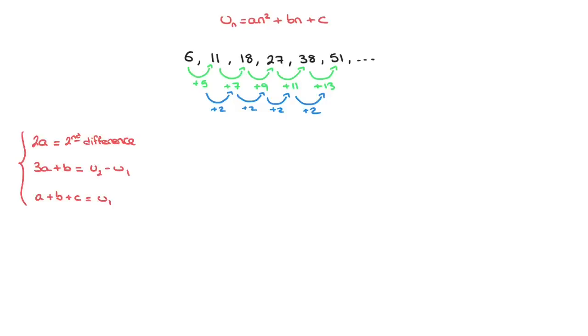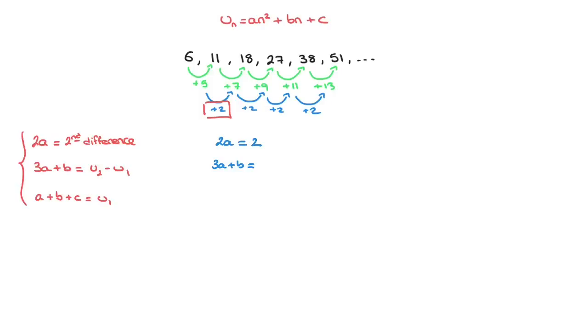Now, for our quadratic sequence, this works as follows. 2a must equal the second difference. That's the first value I see on that third row of numbers. So I go ahead and say 2a equals 2. The second equation, 3a plus b, has to equal u2 minus u1.